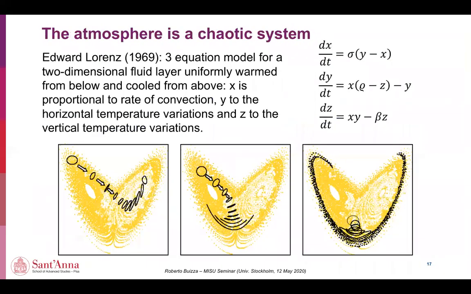The third factor that makes weather forecasting difficult and justifies why we are using ensembles is the fact that the atmosphere is chaotic. And we have error growth that depends very much on the flow in which we are.